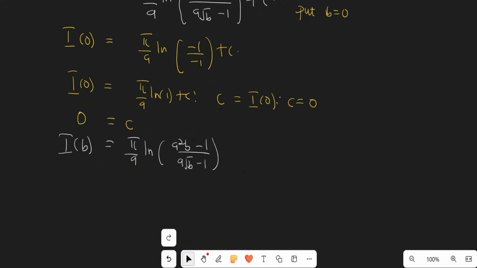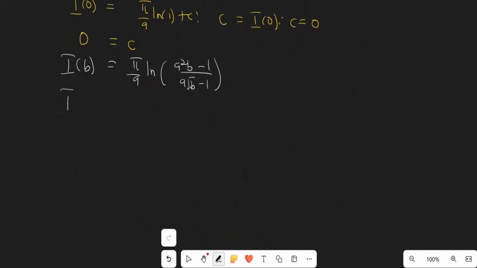So just replace b with 1, and that will be the proof that we are required to show. As simple as that. So here I of 1, that is replace b with 1. Put b to be equal to 1, and that is going to be pi over a multiplied by the ln of a squared minus 1 all over a minus 1, like this.